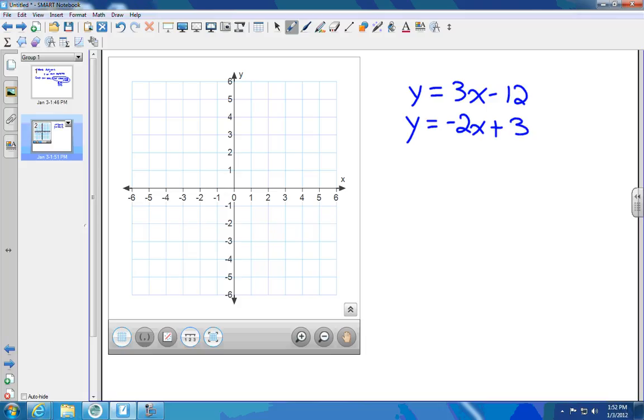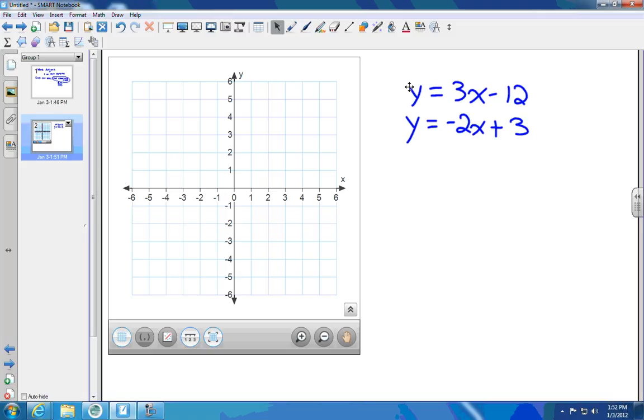All we have to do is graph them and find out where they cross. Find out the point of intersection. So you would need your calculator. And since those are already solved for y, they're easy. All you got to do is put them in there. So we hit y equals.